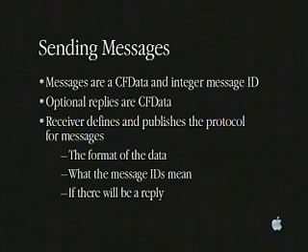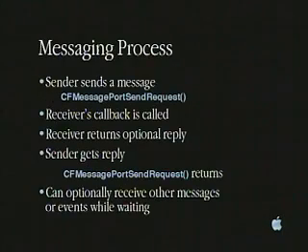So what the intended receiver of the message will do is to publish as API the protocol for this message. That is how to interpret the data or the message ID or both, and whether there will be a reply and how that should be interpreted.